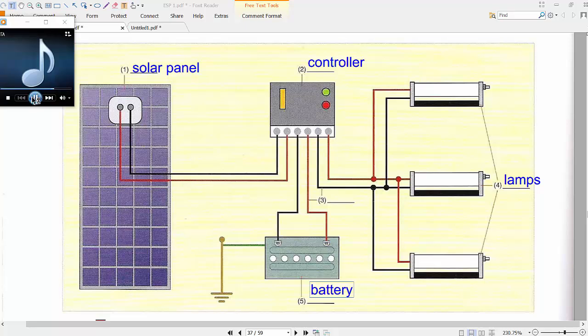Below the controller. And finally, you can see some electrical cables or wires. The cables run from the panel, through the controller, into the battery and also into the lamps. These are the cables. Number 3, cables.